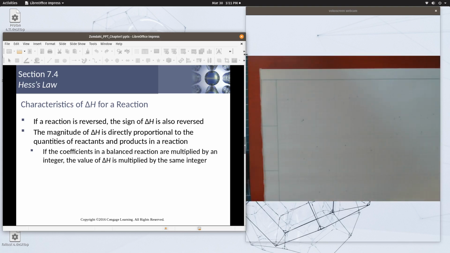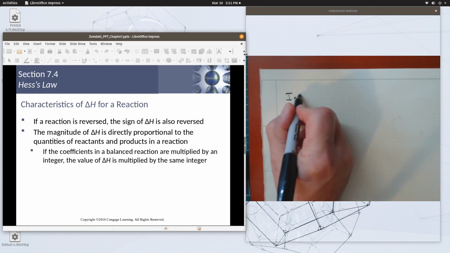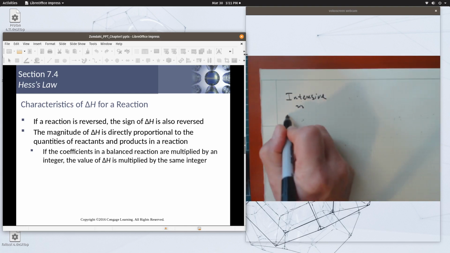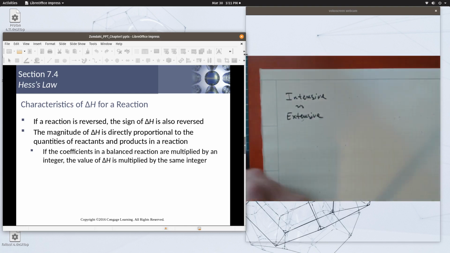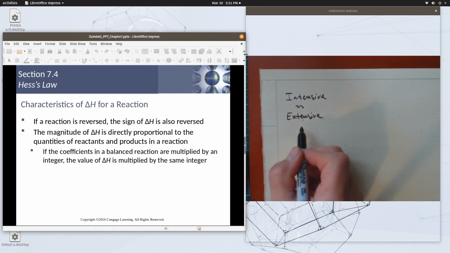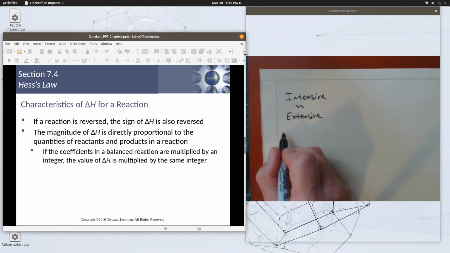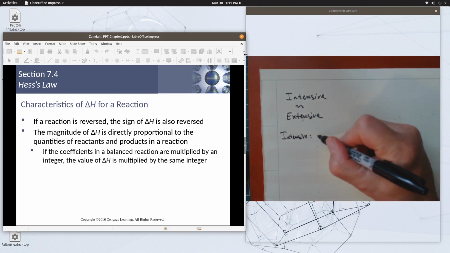In thermodynamics, we have intensive versus extensive quantities. An intensive quantity is something that does not depend upon the size of the system.